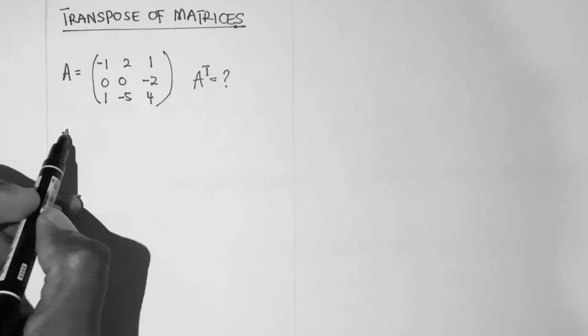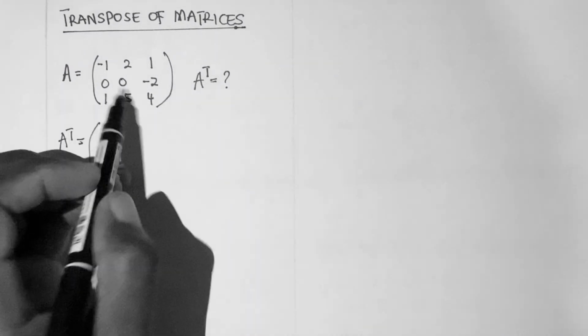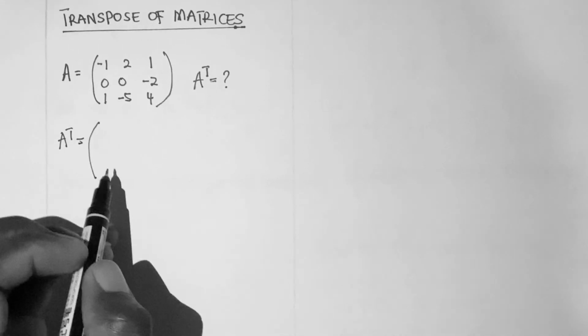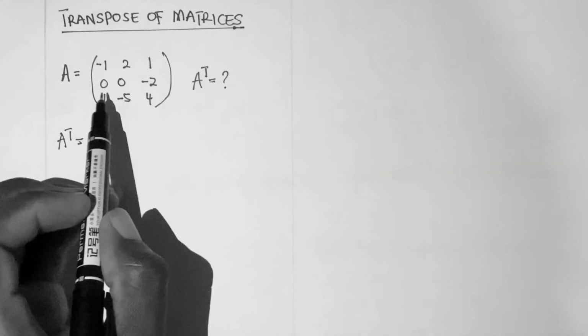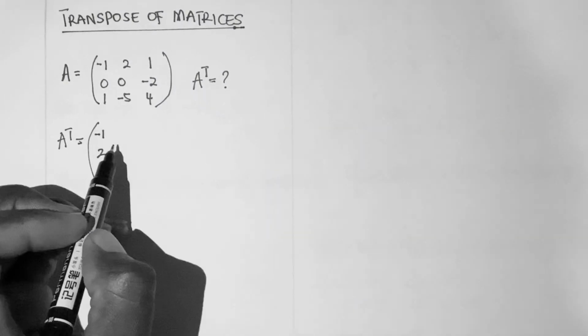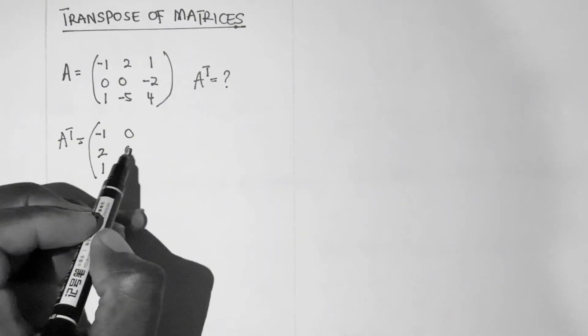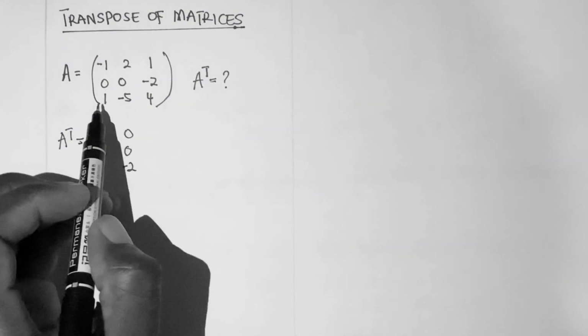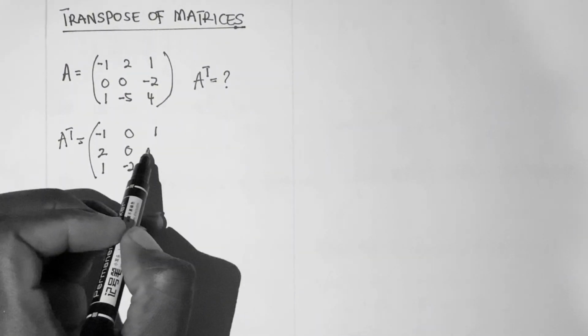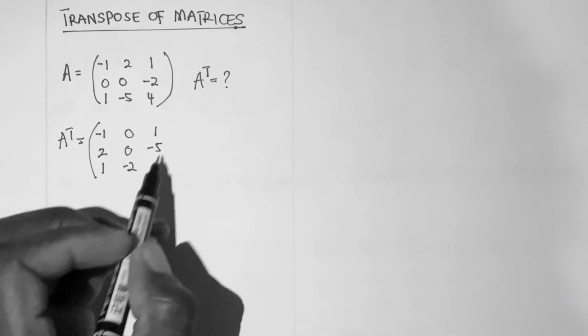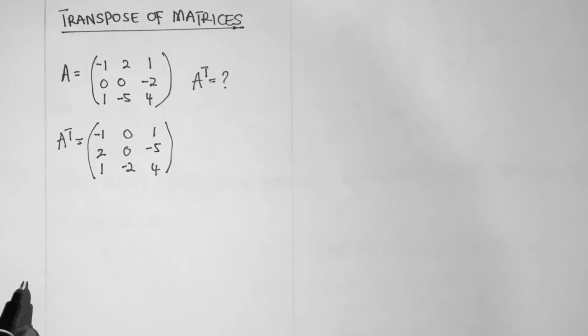So A transpose is equal to, take the first row and turn it into the first column. So minus 1, 2, and 1. Take the second row and turn it into the second column. 0, 0, minus 2. And take the third row and turn it into the third column. So this becomes 1, minus 5, and then 4. So this is the transpose of A.